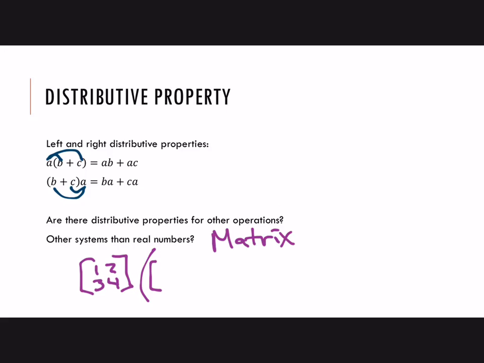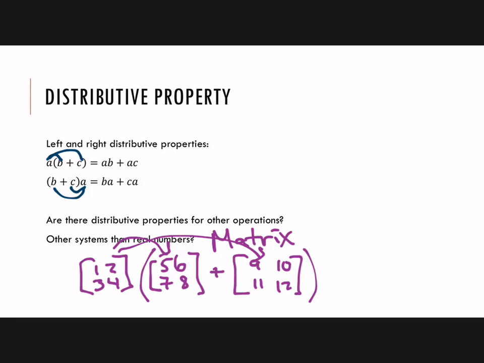How about, we'll just keep going here, 5, 6, 7, 8 plus the matrix containing 9, 10, 11, 12. And it turns out that yes, we can distribute matrices and get the same answer.